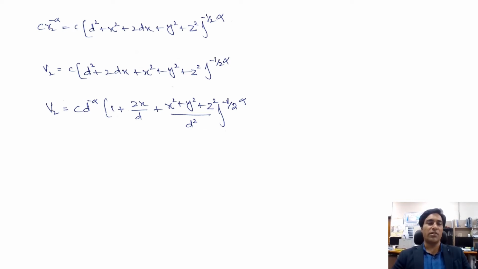This minus is because here this is minus a. Taking d common, as we did before, V2 is equal to c d minus a into 1 plus 2x over d plus x square plus y square plus z square over d square, the whole power is minus 1 over 2a.